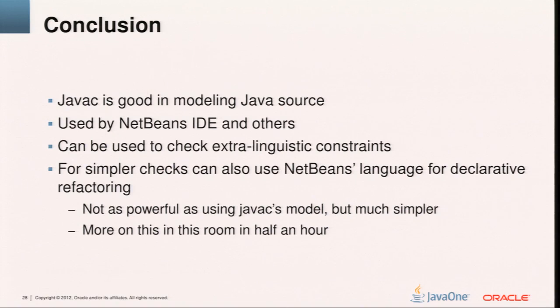And just to draw you to the following tutorial, in about 40 minutes, we will have a tutorial here about a declarative way to write the checkers in NetBeans, which is good for some simpler stuff, but for more complex stuff, which includes the collection remove, one still needs to use the Javac APIs, because the declarative way in NetBeans cannot express such a constraint.